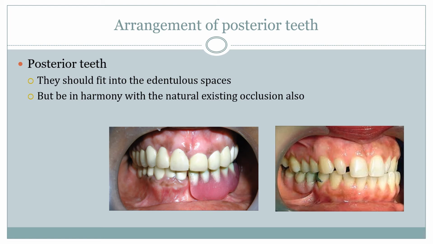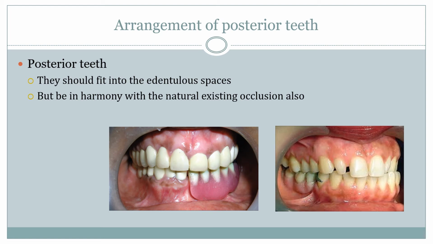So that is why we try to maximize and use molars. Suppose you are trying to replace the posterior most teeth by using wider and larger teeth, you are trying to expand the width of the occlusal table. So that is why you need to see which mold or which size of teeth you are using, and it should also fit in that edentulous space.